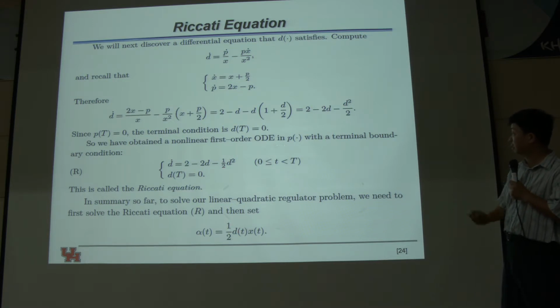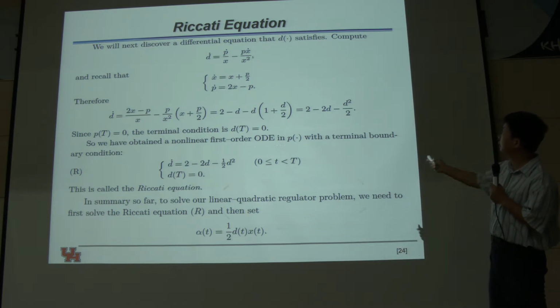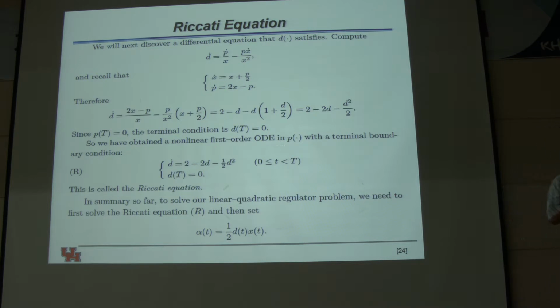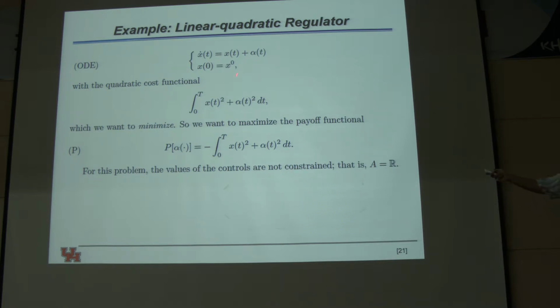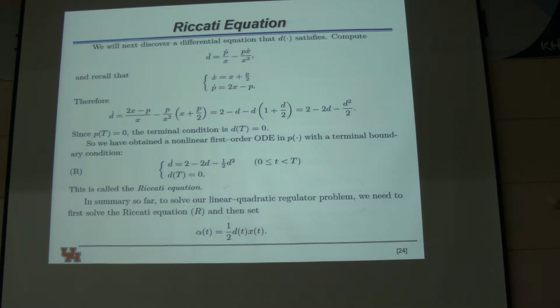So in other words, the Riccati equation means that if your dynamic optimization problem is a linear quadratic one, then your control is equal to the d function times the current state.